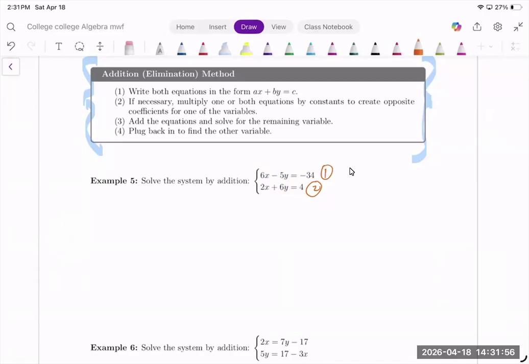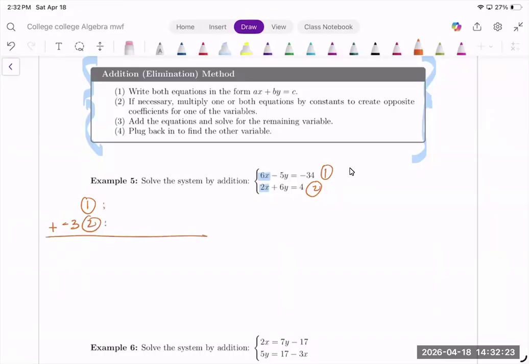Okay, so what we're going to do is say, okay, let's do X. It's totally arbitrary. If you want to do Y, do Y. Doesn't matter. But I'm going to do the X's because I see that, oh, 2 times 3 is 6. So I am going to add equation 1 to -3 times equation 2.